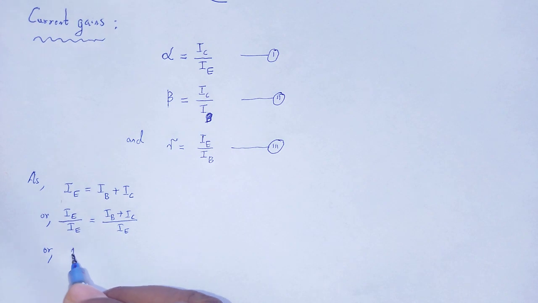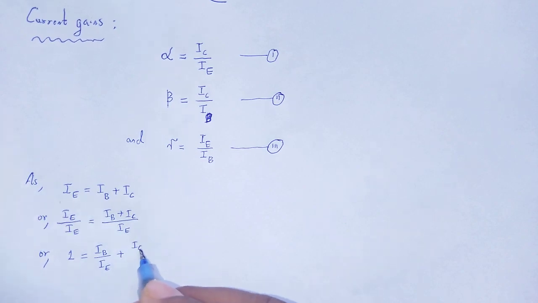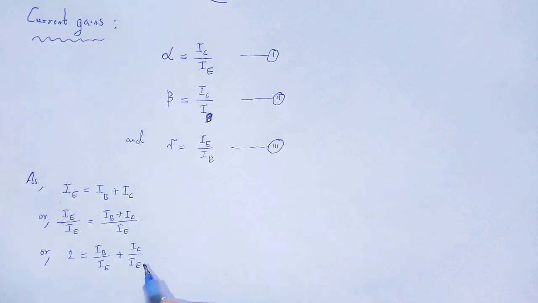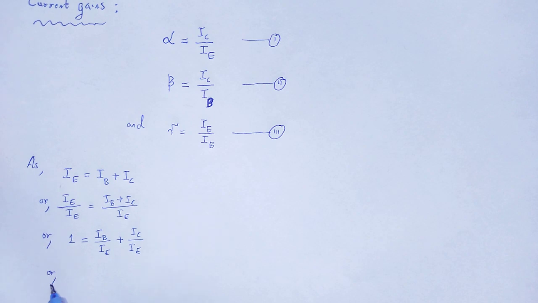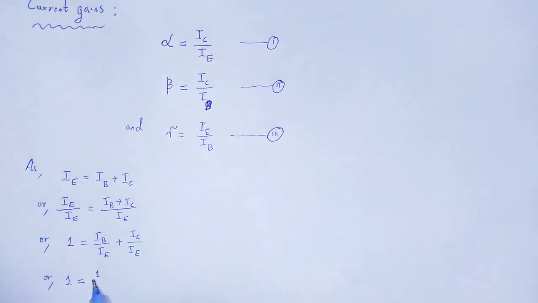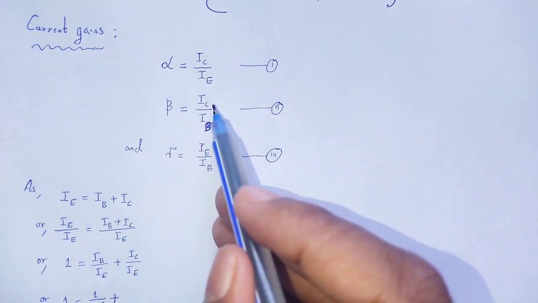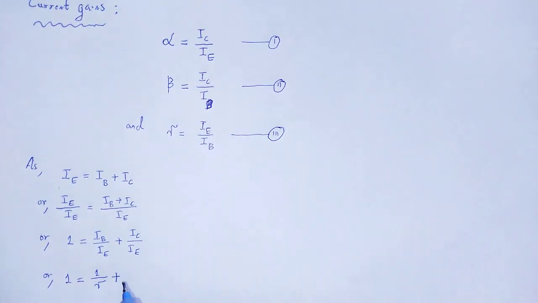IE by IE is 1, IB by IE is 1 by gamma, plus IC by IE, which is alpha.